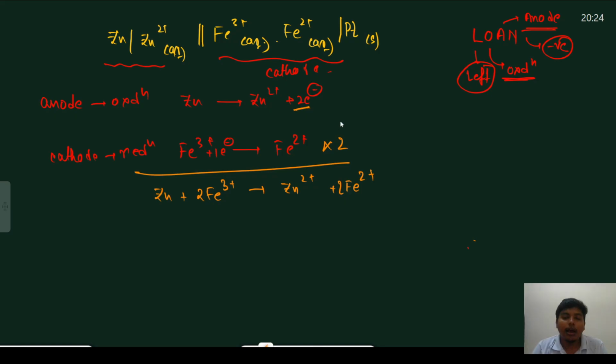Now you will ask, sir, what is platinum? Platinum is known as an inert electrode. Remember this is also important.